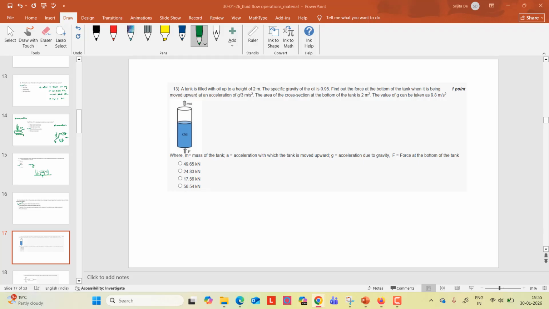So now the acceleration will change, right? Because the oil is going upward, the acceleration will change. The new, or effective, acceleration will be g plus g by 3, so it will be 4g by 3.